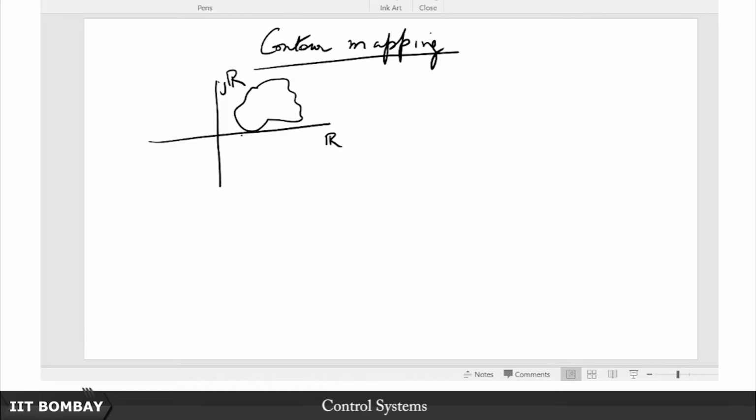Now recall that if you have a function in a complex variable, say f(s), then f(s) is a mapping from the complex plane to the complex plane.